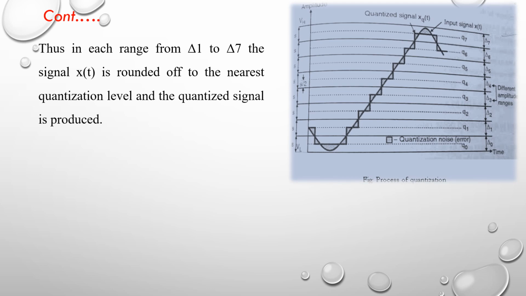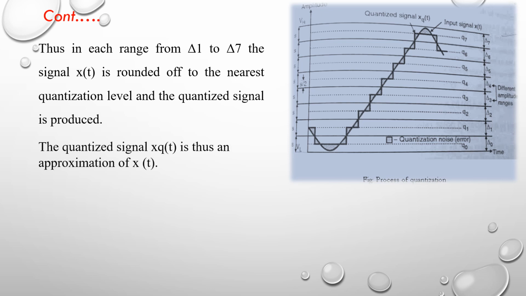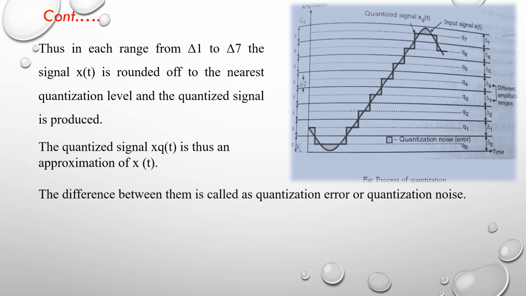In each range from delta 0 to delta 7, the signal x of t is rounded to the nearest quantization level and the quantized signal is produced. The quantized signal xq of t is thus an approximation of x of t. The difference between them is called quantization error or quantization noise.